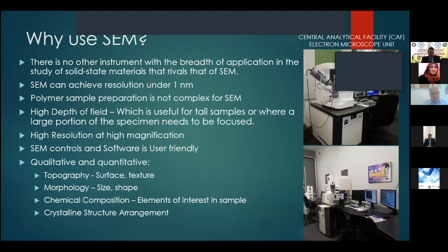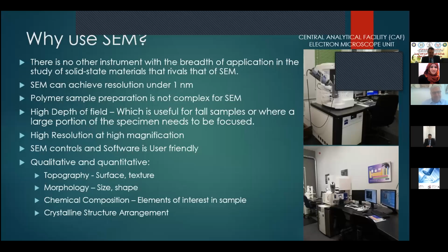And you can achieve a high depth of field, which means that for tall samples and large samples, you can still see a large portion of the specimen and get it to focus. And you can actually have a nice overall visual of your sample. Then you can also achieve high resolution at very high magnification, which is rather amazing. And then the SEM controls, like I said, even the software nowadays is extremely user-friendly.